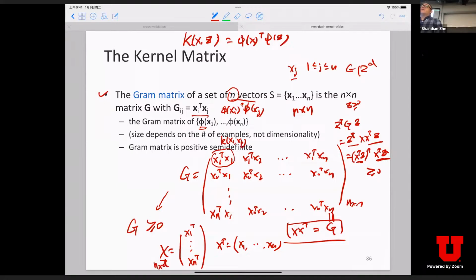And then your G matrix will still be positive semi-definite.